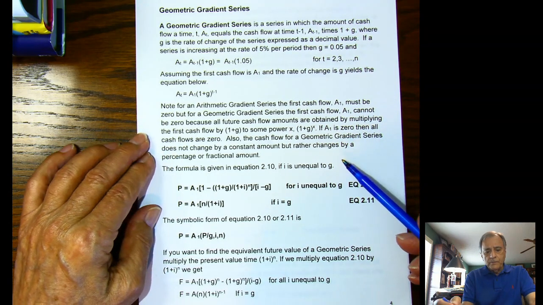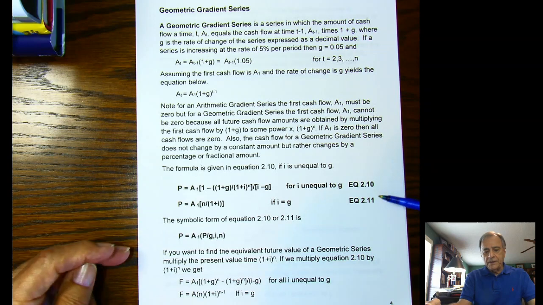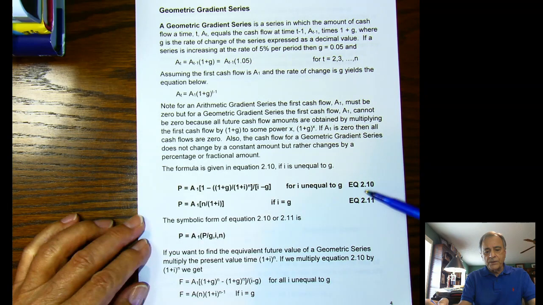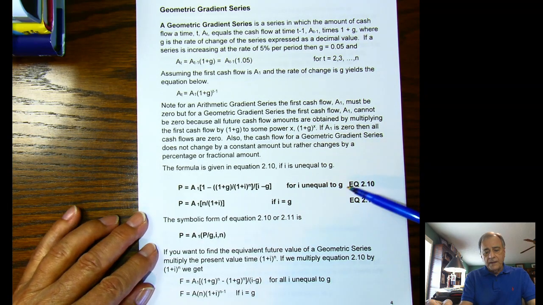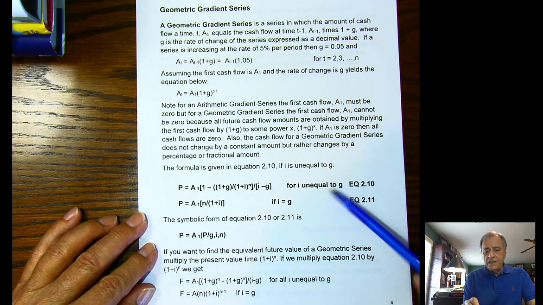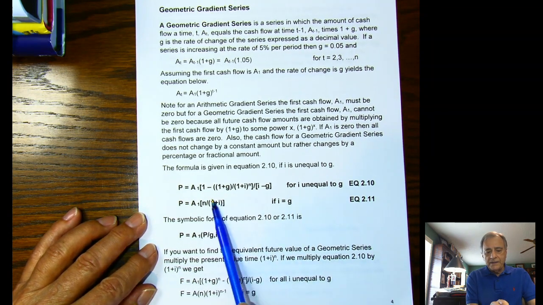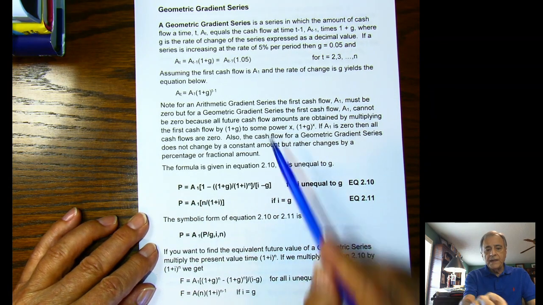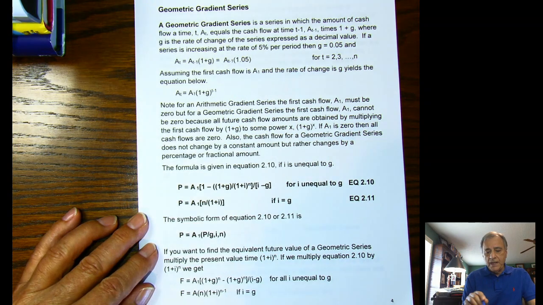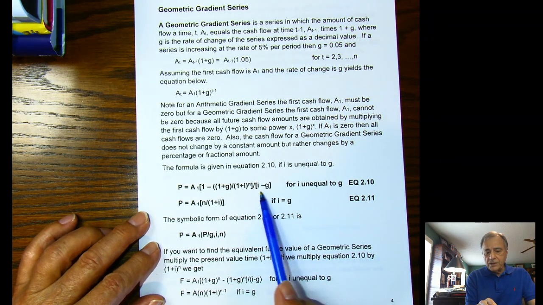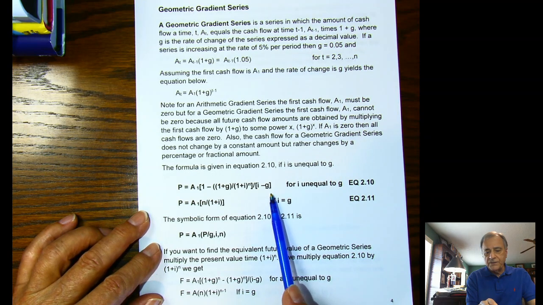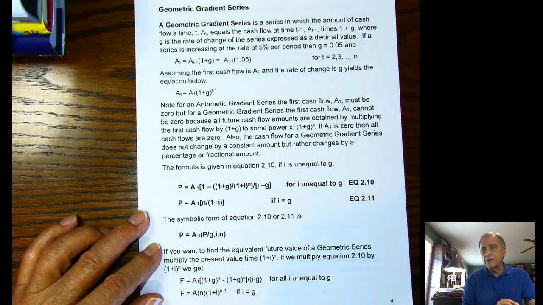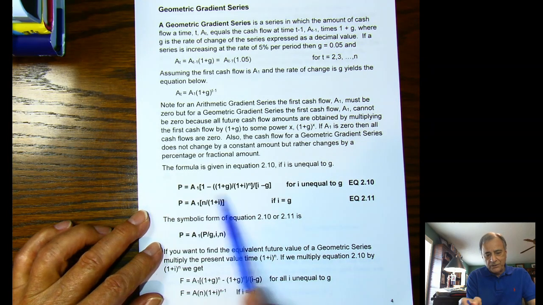So we have two formulas here for the present worth of a geometric gradient. Now, if g is unequal to i, then this is the formula that you use to get the present worth of a geometric gradient series. Notice this, that in the denominator here is i minus g. Well, if g and i are equal, then that denominator is going to go to 0, and this equation is going to blow up.